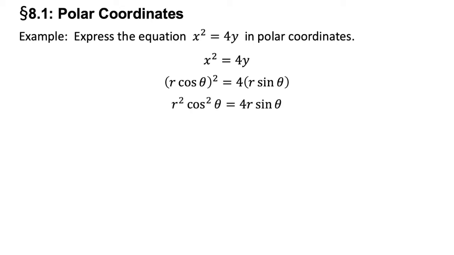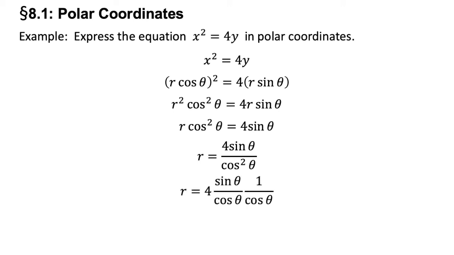Simplifying it, we get r squared cosine squared theta equals 4r sine of theta. Dividing both sides by r and cosine squared theta, we obtain this equation. We can separate the fraction as a product of two fractions, which can be simplified to r equals 4 tangent of theta secant of theta.